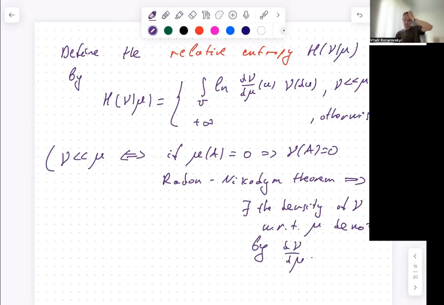I believe that you know what it means that some function is a density of one measure with respect to another measure.